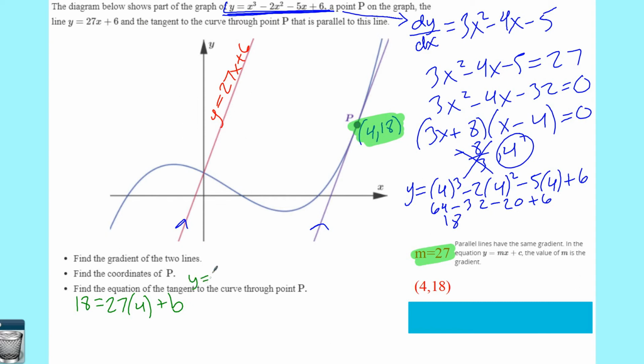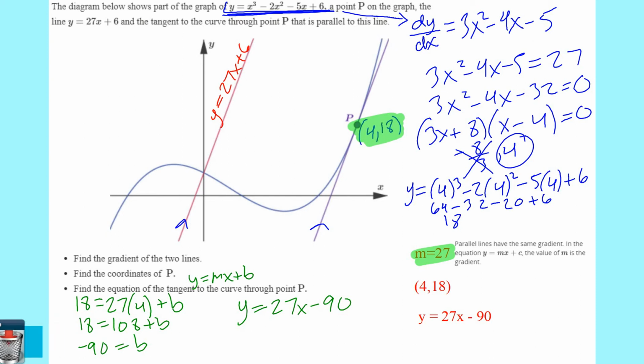Remember, I'm trying to do y equals mx plus b. So now I have to think, what is that? 108. So 18 equals 108 plus b, so subtract 108. We should get negative 90. So our equation should be y equals 27x minus 90. Oh, I hope I'm right. Oh, there we go. Perfect.